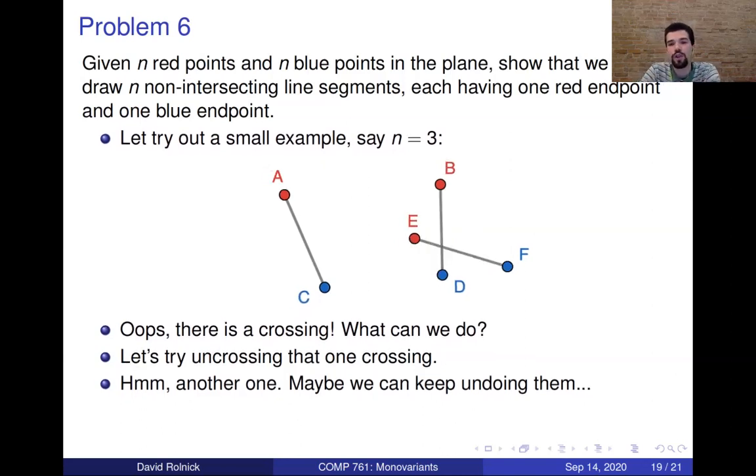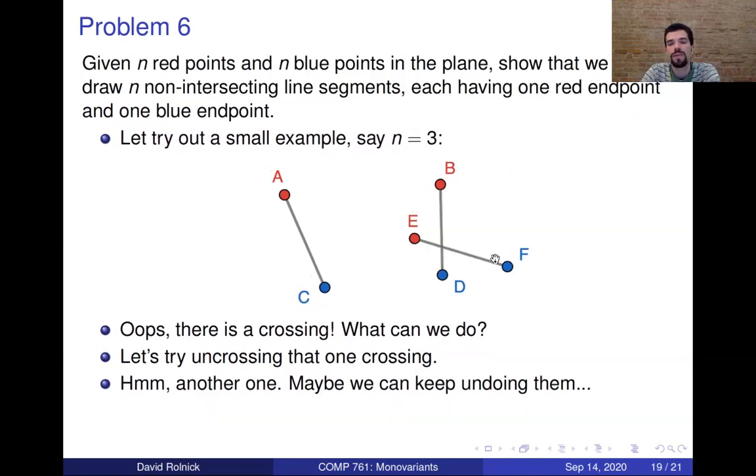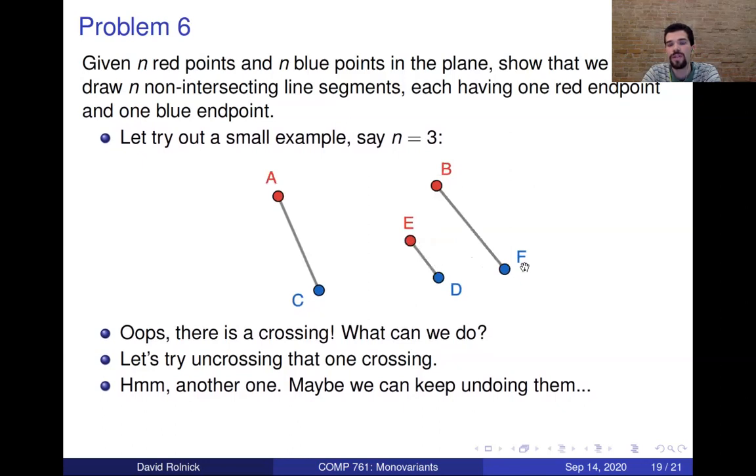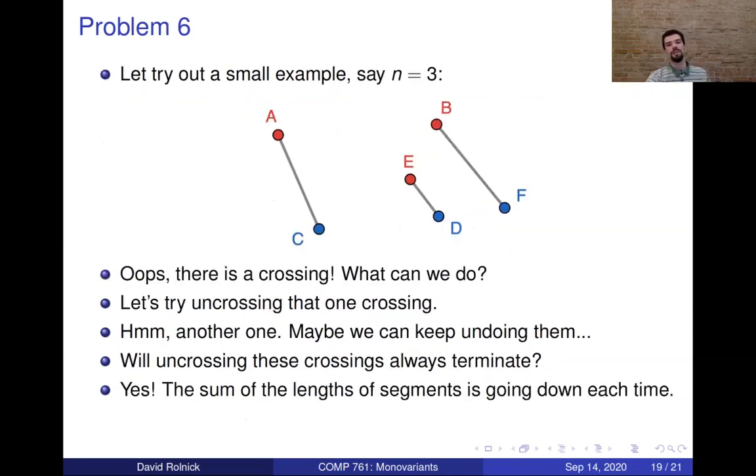It seems like things are shorter when we uncross them. Like the length here, it seems inefficient in some sense to do a crossing. If we're trying to connect things, it should be shorter to do this. So maybe the sum of these lengths is shorter than the sum of the lengths before we uncross them. How can we prove this?